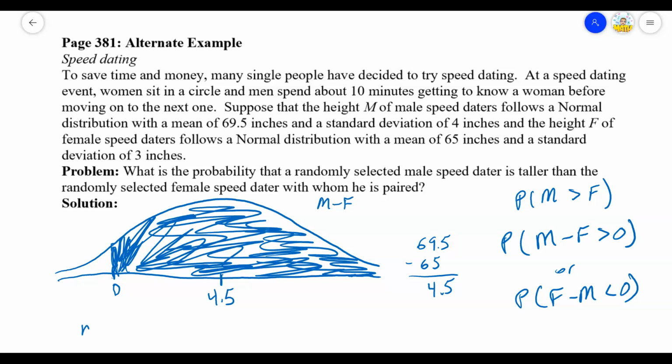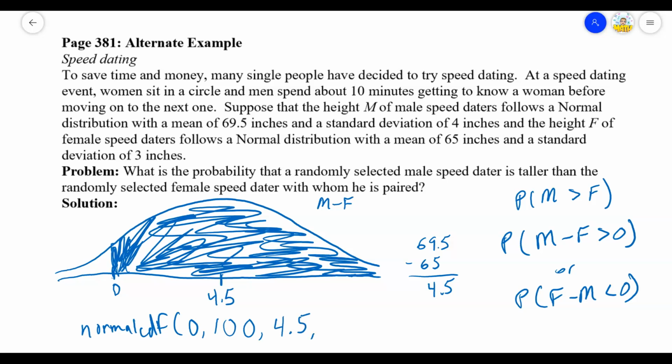And it's a normal CDF situation again. 0 to, let's go somewhere high, like 10. I might even go higher than that. So like 100, just to make sure, because that standard deviation was 4 inches and 3 inches respectively. So we'll go from 0 to 100 with 4.5 living in the middle.